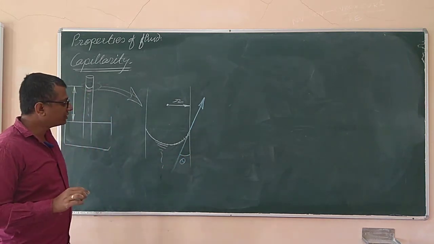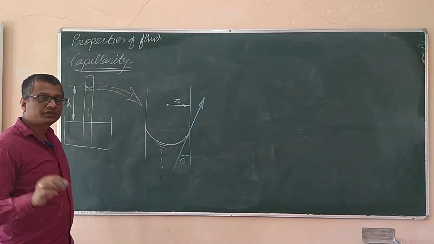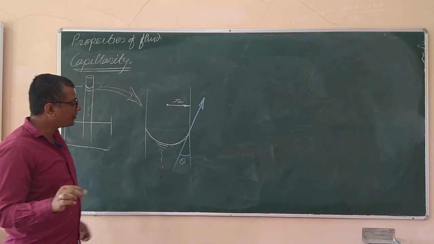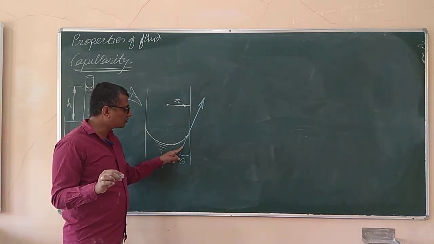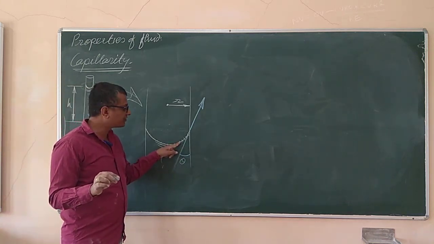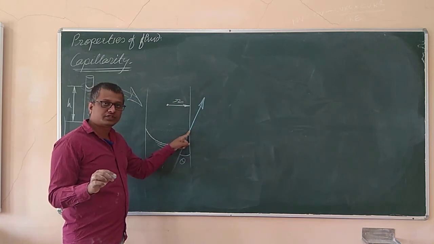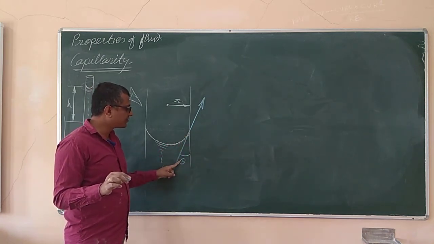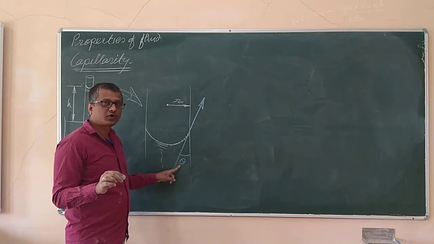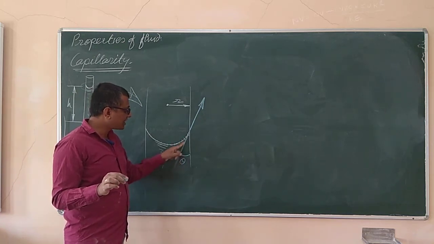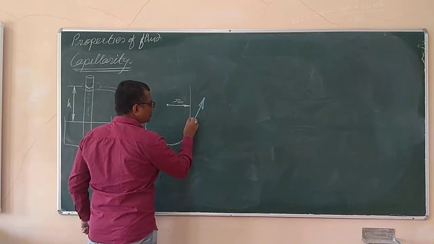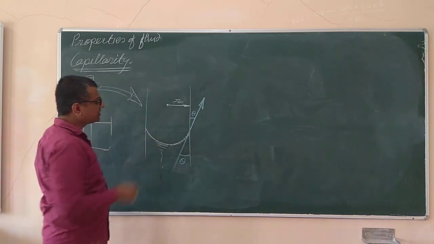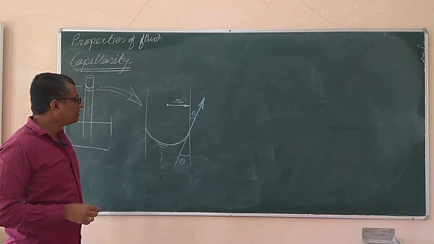The angle of contact of a solid-liquid interface is the angle made by the tangent drawn to the curvature of the free liquid surface at the point of contact with the solid wall, taken inside the liquid. And if this is the angle theta, this is also the angle theta, since these two are opposite angles.